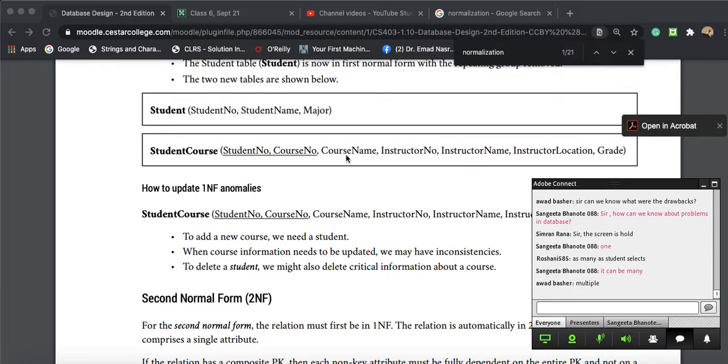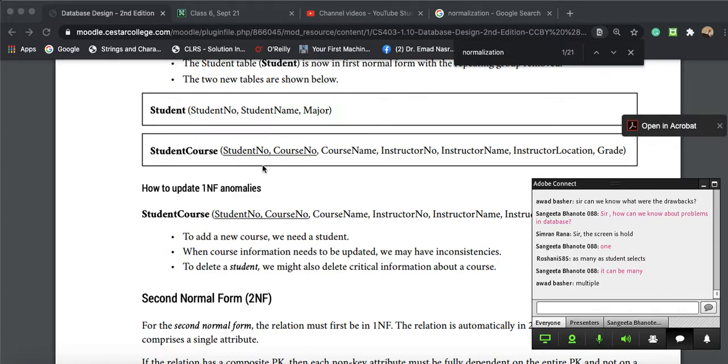Course number, course name, instructor number, instructor name, instructor location, grade. All of these depend on the course number. So I put the course number as a primary key, but I have to bring the student number from the first table. So both of them are part of the primary key.